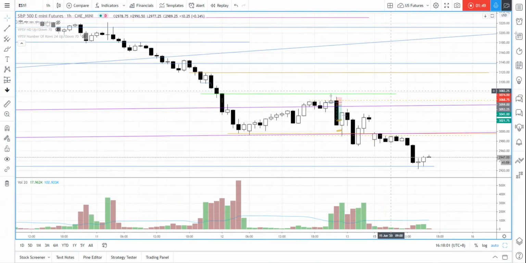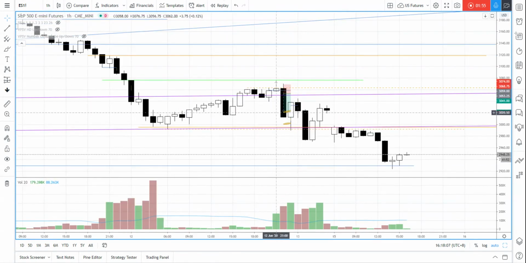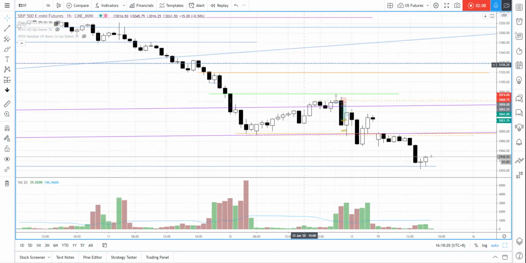The highest point that we touched was this bar, slightly testing 3076. So I actually tested this selling bar here on the 12th of June, 12 a.m. midnight. So the rally is actually very weak.